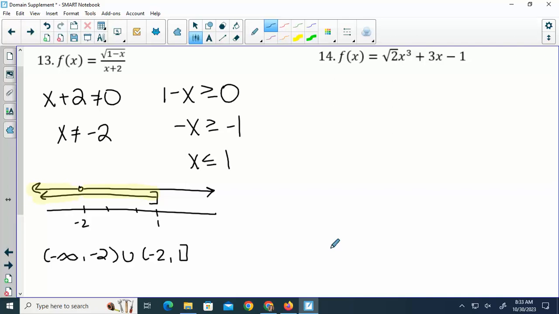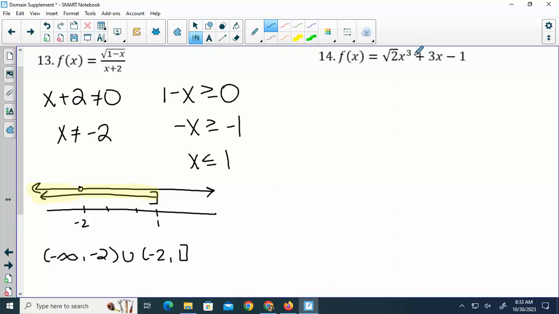Is that one okay? Right, because it only worked for one of them, not for both. So it's kind of like an and. When you think about compound inequalities, it's like an and. You're only taking what's true on both of them.